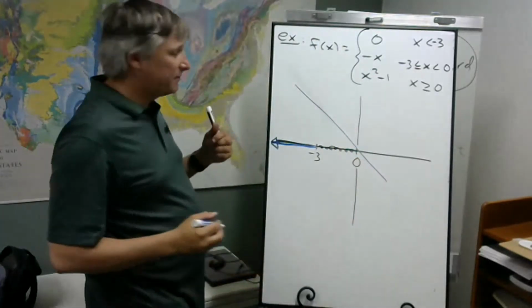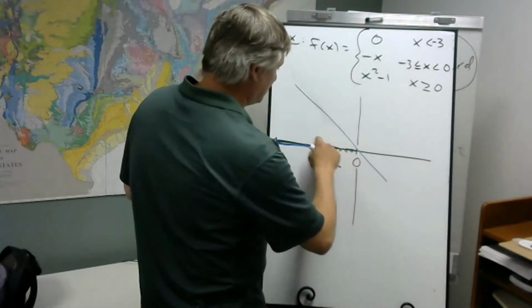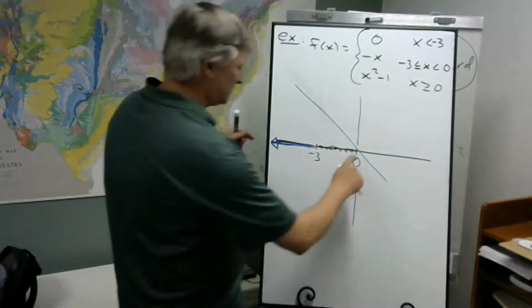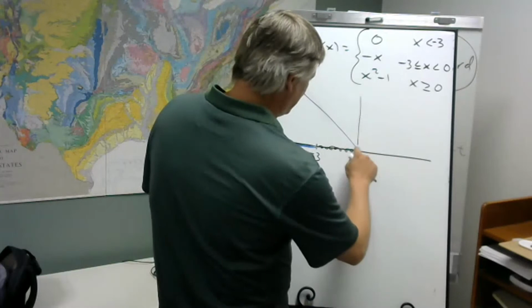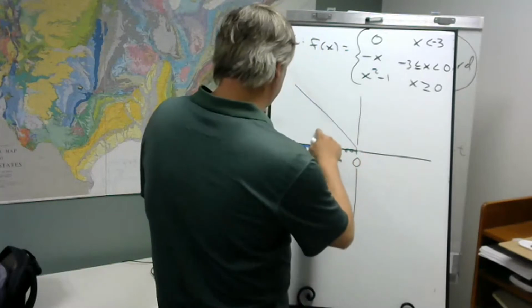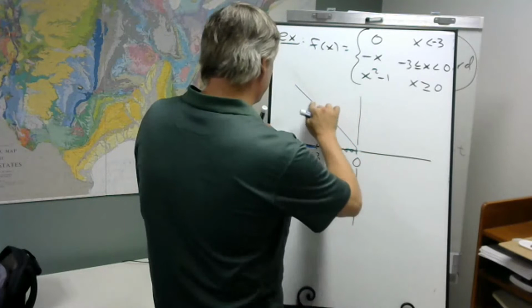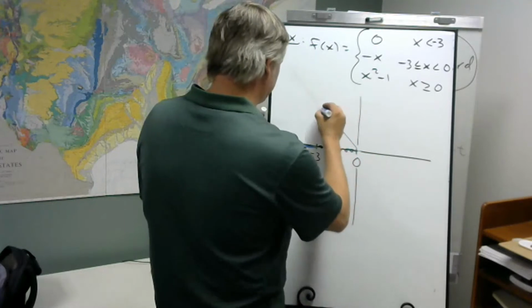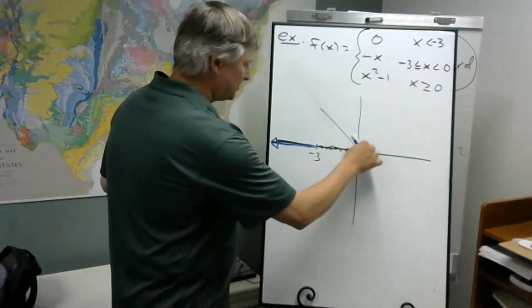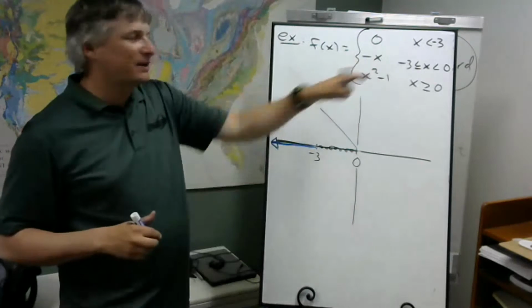We can only keep the part of it that's along this interval. So I can't go past 0. Can't do that. And I can't go past -3. So -3 comes up here. So I got to erase this part here. So that's only the piece of -x I get to keep.